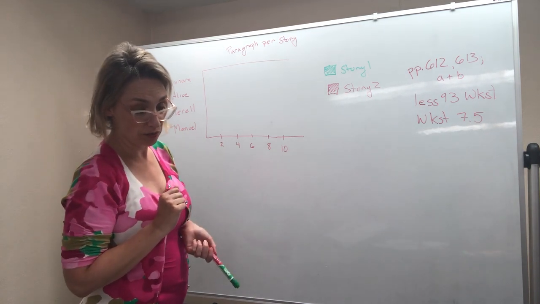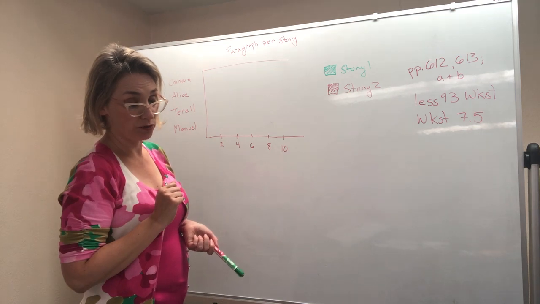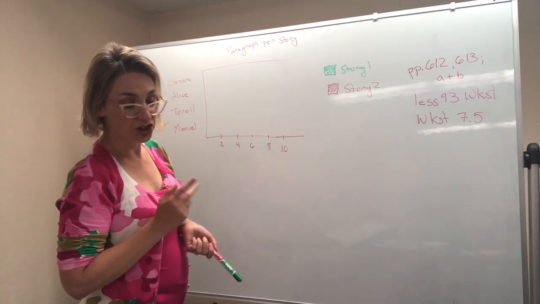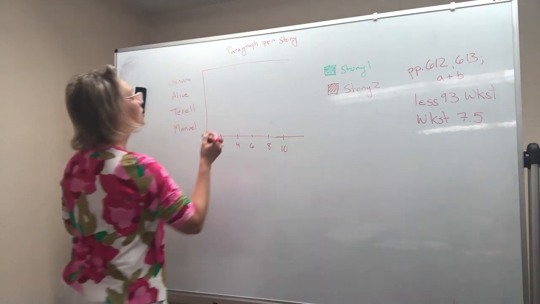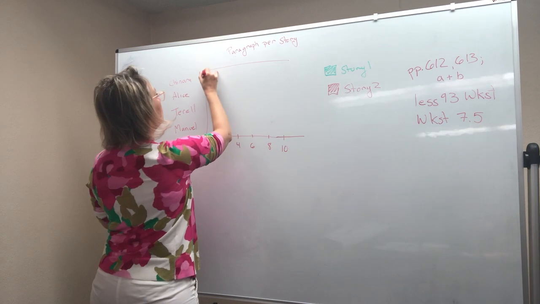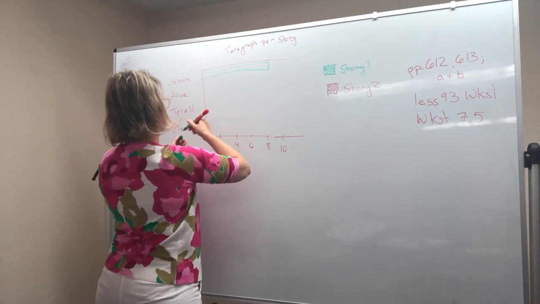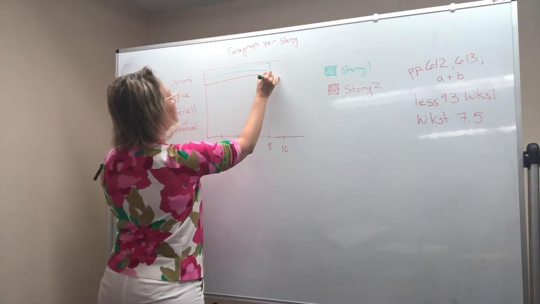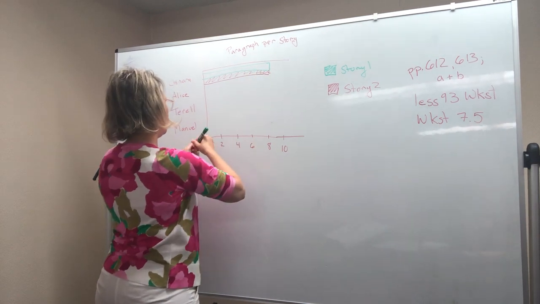I'm gonna be using green and red for how many paragraphs they wrote for each story. Chinara, if we look at her information, she did 8 paragraphs for each story. So we're gonna give her story 1 went to 8, and story 2 went to 8. Same length, and so I color those in, okay?